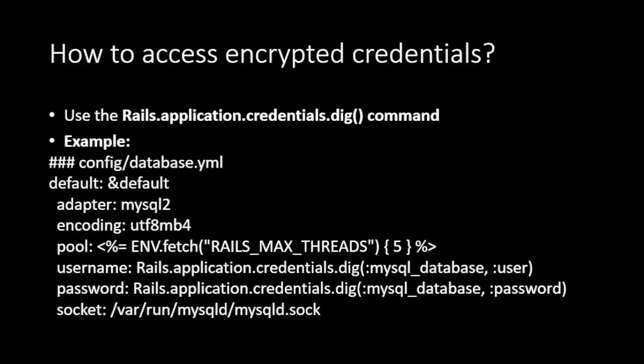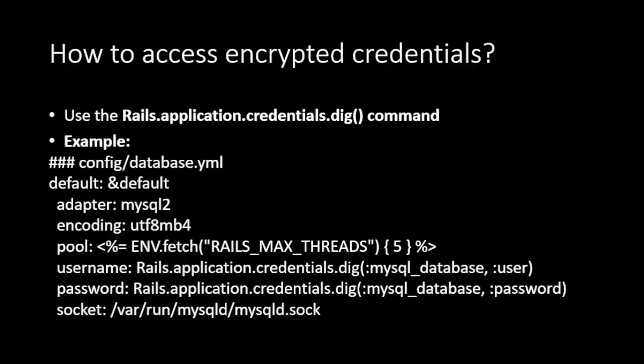So it should say username colon, followed by a space, less than sign, percent, equals, space, Rails.application.credentials.dig, left parenthesis, colon, mysql_database, comma, space, colon, user, right parenthesis, followed by a space, percent, and the greater than sign to let the Rails parser know that is a Rails command.